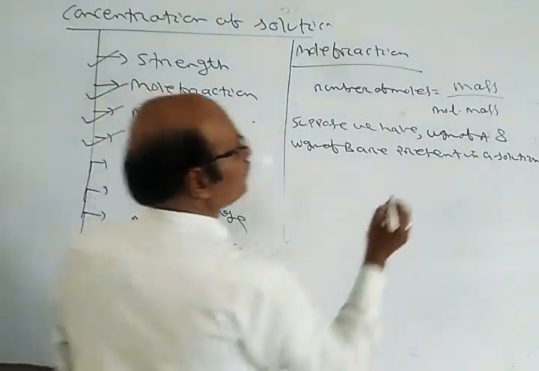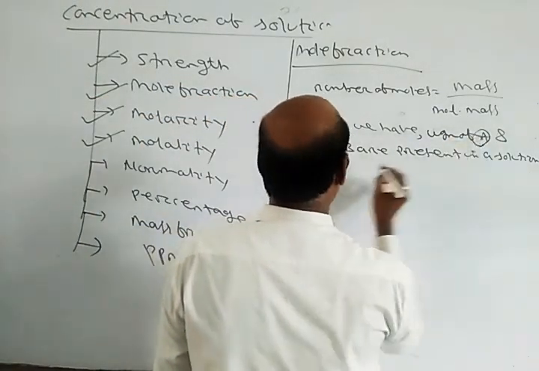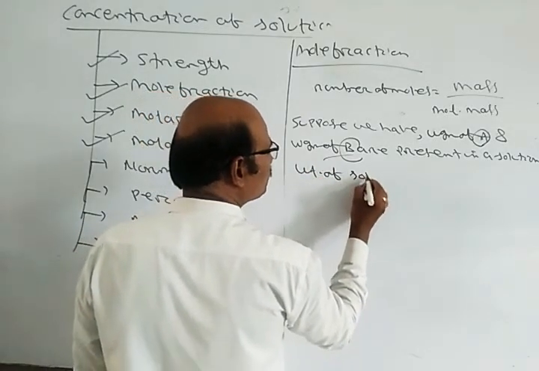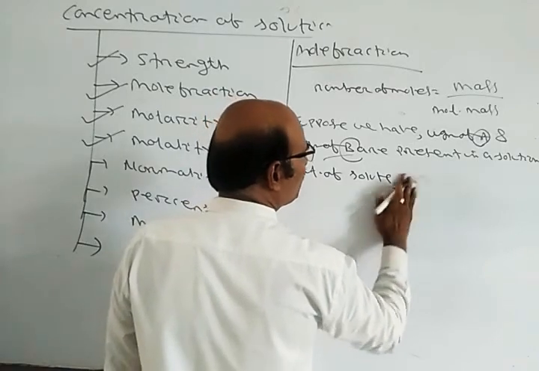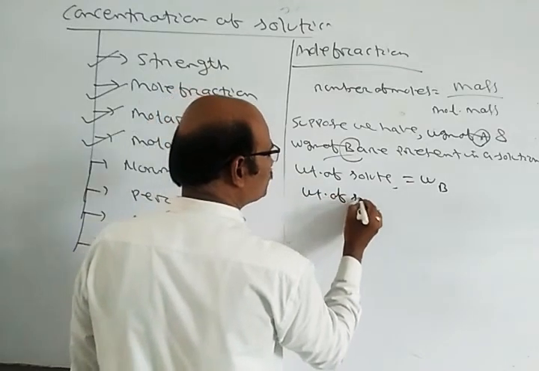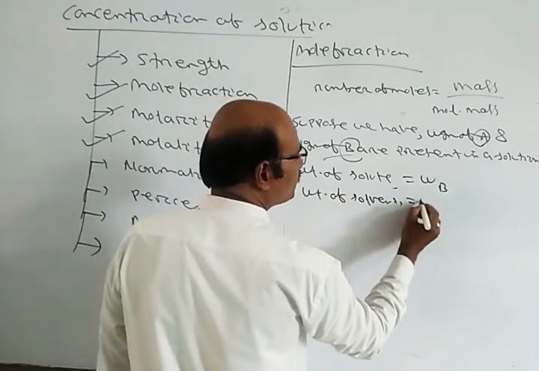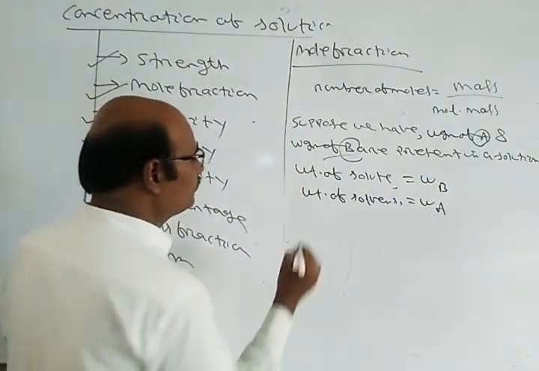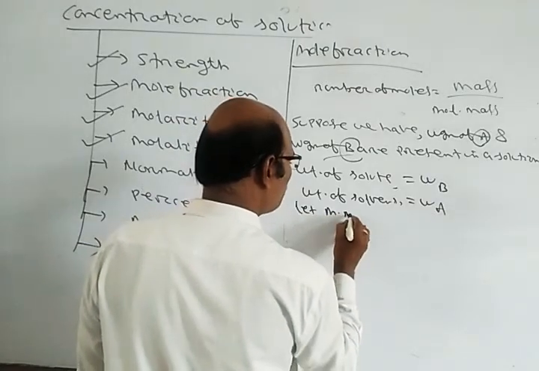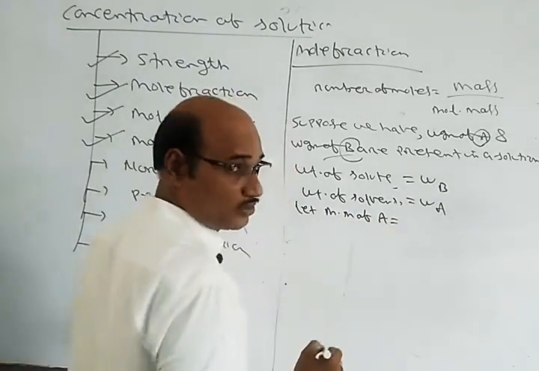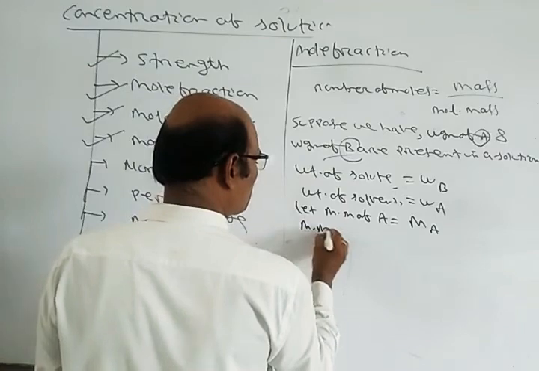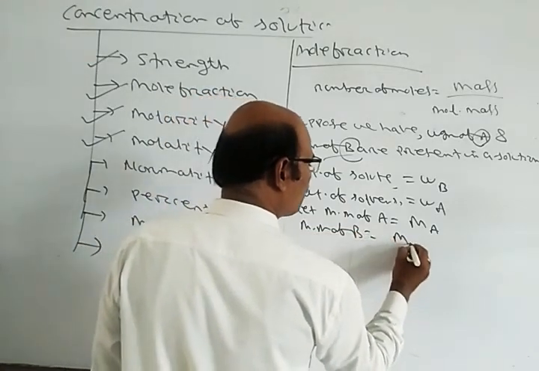Okay, so A is your solvent and B is your solute. So weight of solute is WB and weight of solvent is WA. Now let the molecular mass of A be M of A and molecular mass of B be M of B.